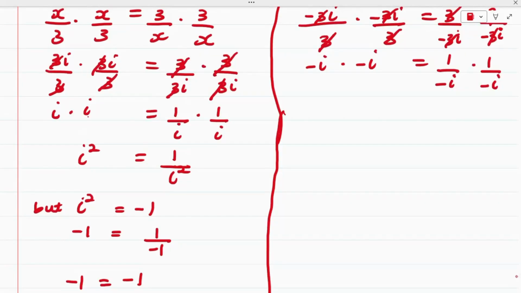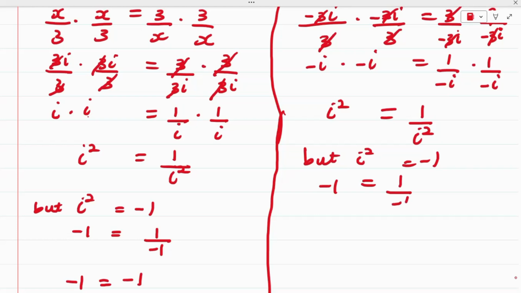So from here we have negative i multiplied by negative i, which is i squared, which is equal to 1 over i squared, but we know that i squared is equal to -1, so -1 is equal to 1 over -1, and -1 is equal to -1. So the left hand side is equal to the right hand side, so therefore x is equal to -3i.